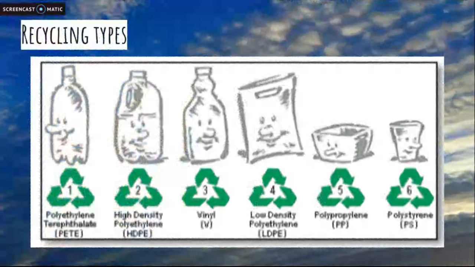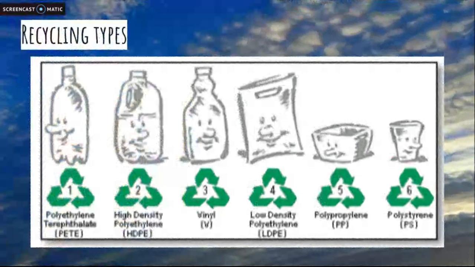Recycling types. Have you ever noticed on the bottom of something that's plastic or paper, you can see the triangle with arrows and it has a number? Depending on where you live, certain numbers can be recycled and certain ones can't.